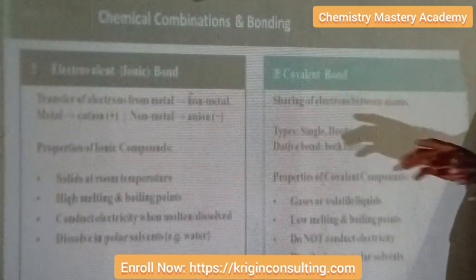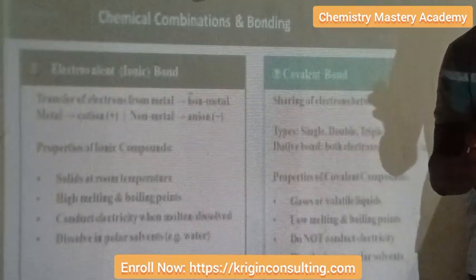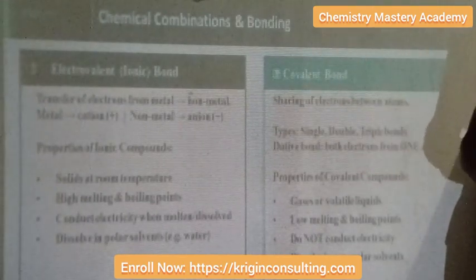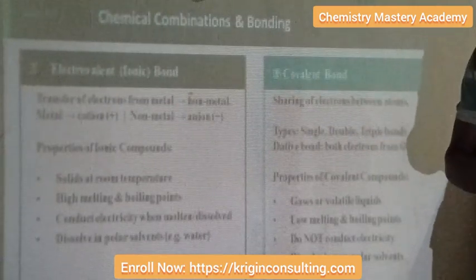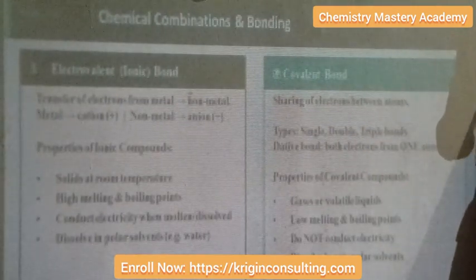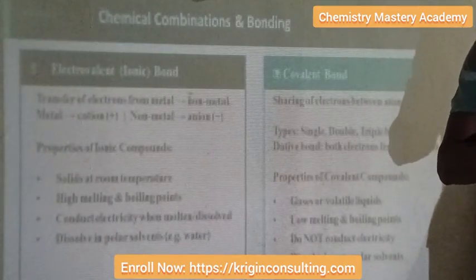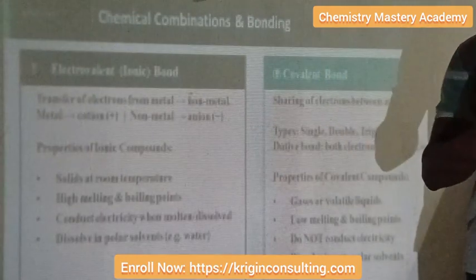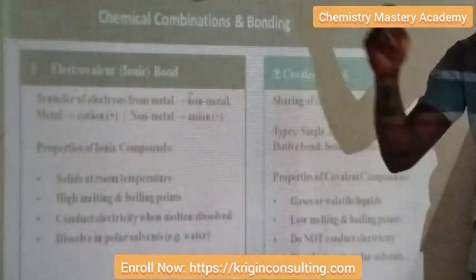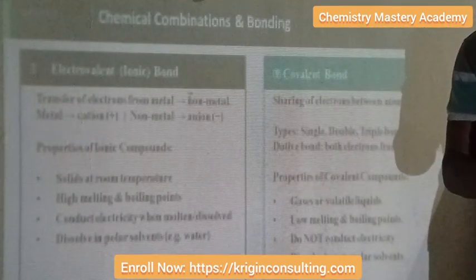We are going to do some illustration, but I just want you to get a foundation about this electrovalent or ionic bond. We have said that the element that is transferring valence electrons from its outermost shell is called a metal.